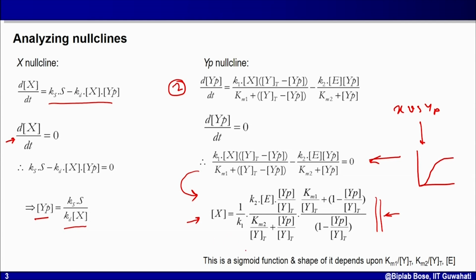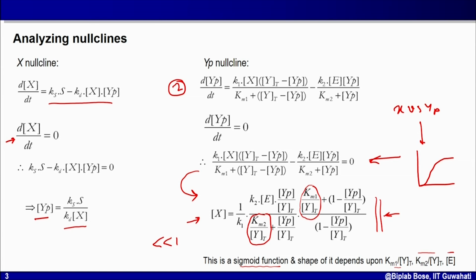So this function of Yp for X is a sigmoidal function, and the shape of this sigmoid depends upon the values of Km1 by Yt and Km2 by Yt and E. If you remember, we discussed earlier, when Km1 by Yt and Km2 by Yt are much smaller than 1, then this sigmoid behavior becomes very steep, very sharp.